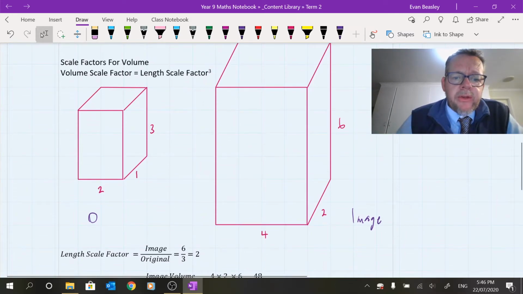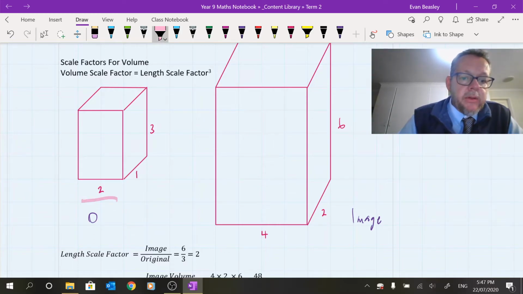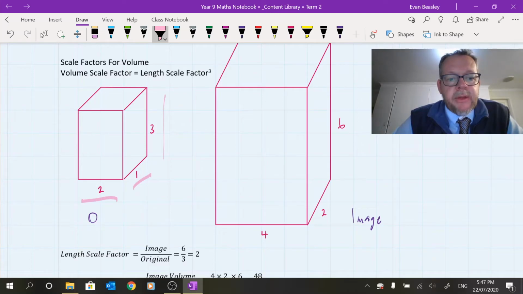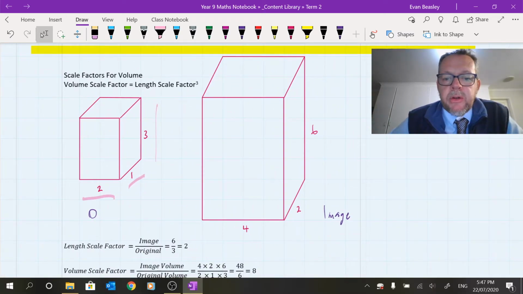We call those sorts of measurements cubic units. If we look at the original here on the left, I have a rectangular prism. That way goes 2, that way goes 1, that way goes 3. So a length, depth and a height, for example: 2 by 1 by 3. If I look at the one on the right hand side, we've got 4 by 2 by 6.